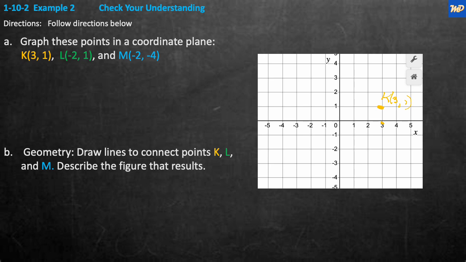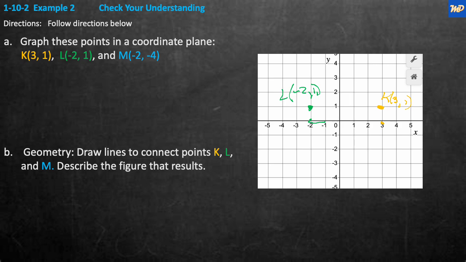The next one we're going to do, I'm going to change color now. L is negative 2, 1. The x is negative 2, and 1 is the direction up for y. The second number is y. So here is point L, minus 2, comma 1. That's point L right here. And then finally M. Where is M?